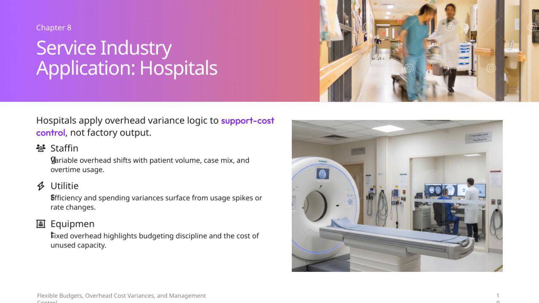With equipment, fixed overhead costs become important because they reflect budgeting discipline and also highlight the cost associated with unused capacity. Overall, flexible budgets and overhead cost variances are essential tools that help hospital management maintain control over their expenses, ensuring resources are used effectively while adapting to the dynamic demands of healthcare services.